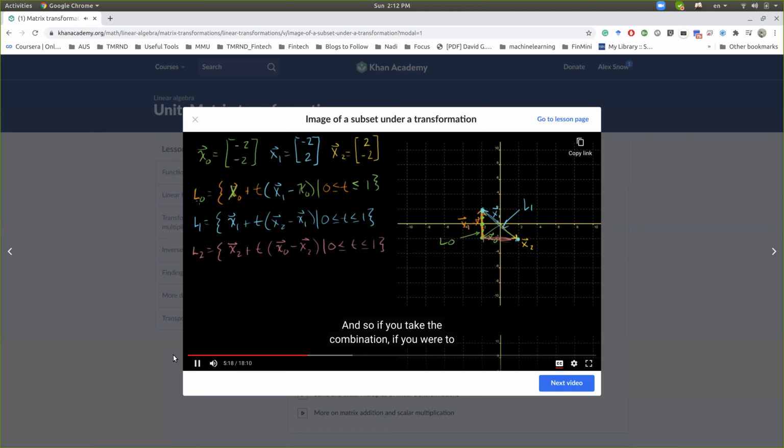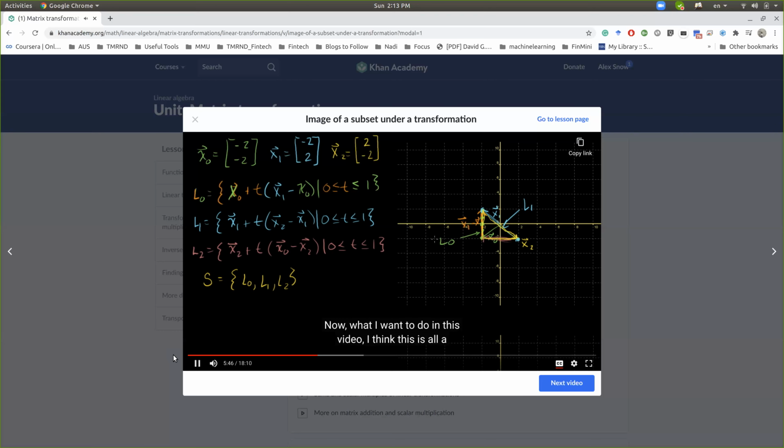And so if you were to define a superset, let me say my shape is the union of all of those, L0, L1, and L2, then you'd have a nice triangle here. If you take the union of all of these three sets, you get that nice triangle there.